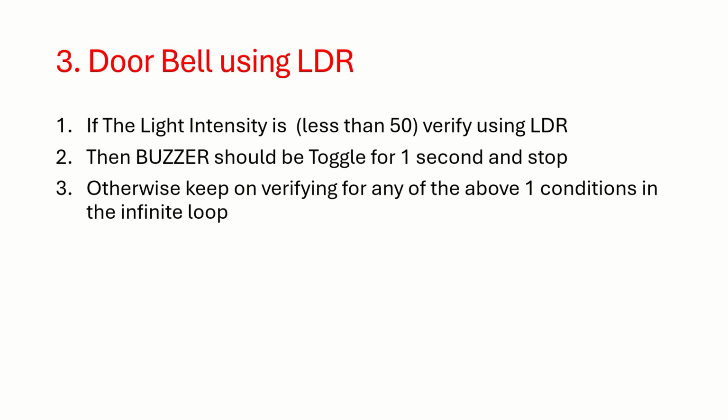If it is less than 50, the buzzer should toggle for 1 second. It should beep for 1 second and stop. So if the condition is satisfied from the light intensity LDR, then the buzzer should toggle for 1 second and stop, and it should come out of the loop. And it should keep on verifying again if the value is less than 50 from the LDR or not.